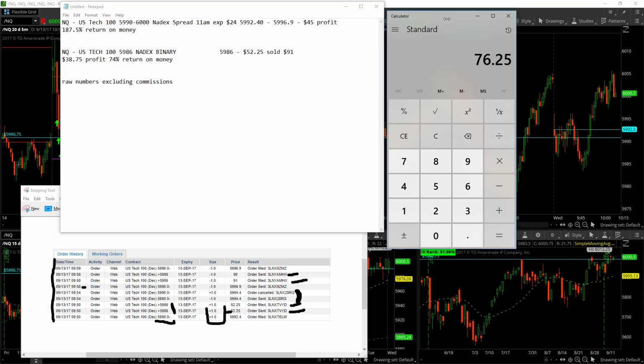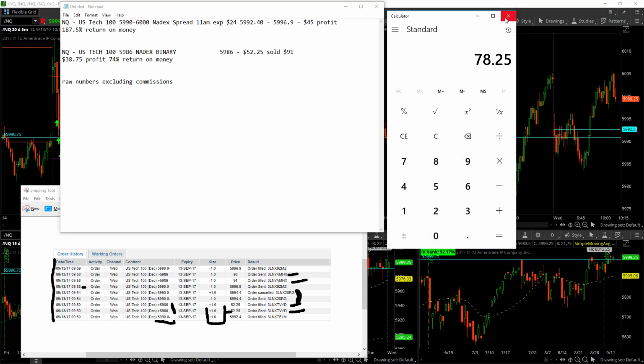If we add commissions in there, that'll be $2, $78.25. So we used a total of $78.25 worth of capital, and that netted us $79.75 in return. And again, just trading one contract to show proof of concept and a little bit of education as to how the spreads and the binaries move together.